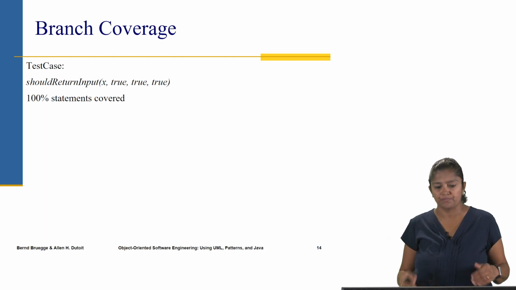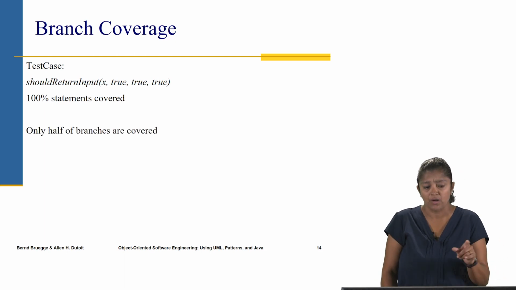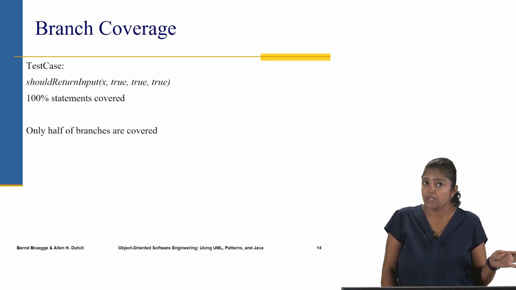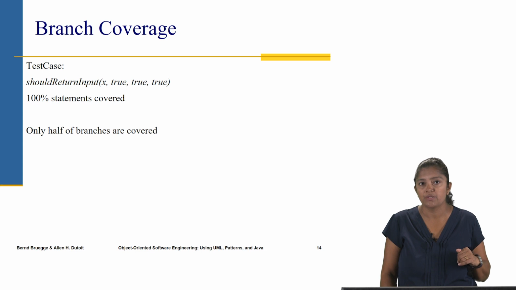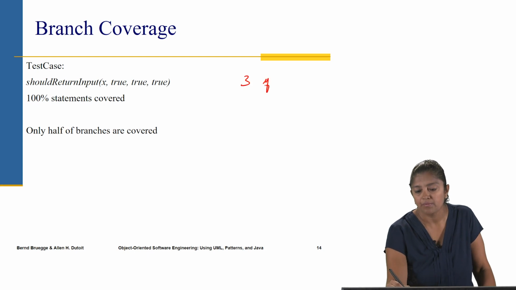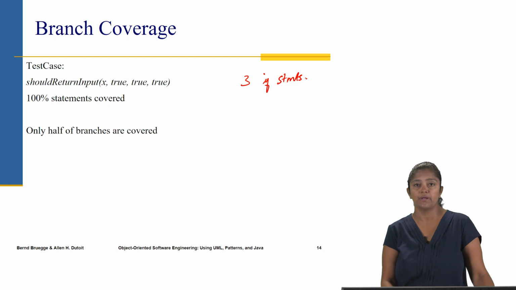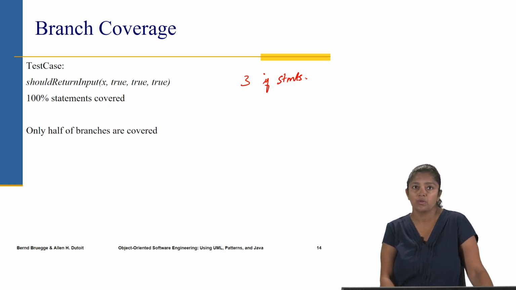Now, that was statement coverage, but if you think about it in terms of branches, we'll see that only half of the branches were covered. The reason for that is there were three if statements, and in all three, only the true branch was the one that got covered.